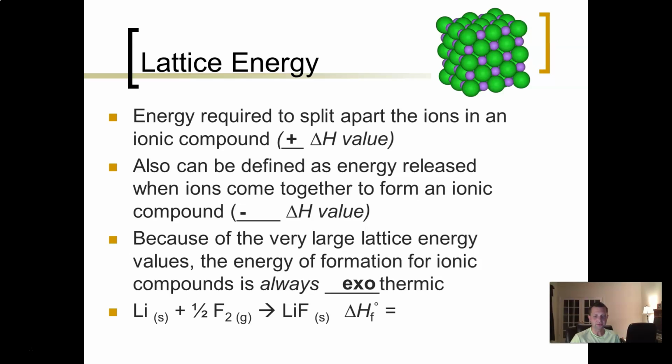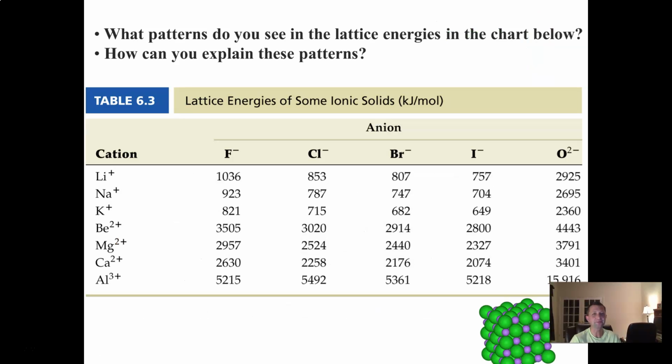Here's our formation equation for lithium fluoride: Li plus 1/2 F2 yields LiF, and our delta H is negative 591. The delta H sub f: delta is change in, H is energy, and the f means formation, so the heat of formation. That little degree sign means at standard conditions. We'll talk about that in our thermodynamics unit.